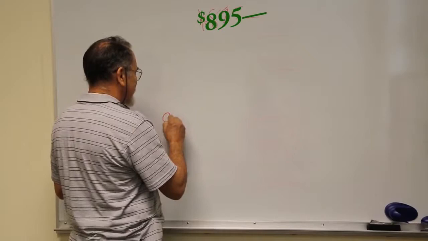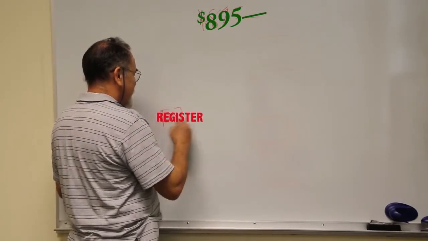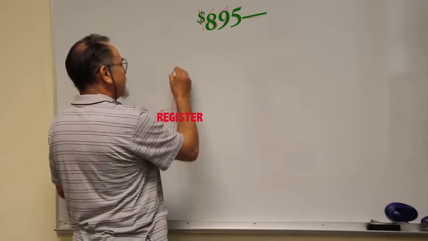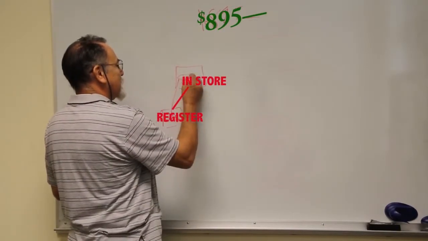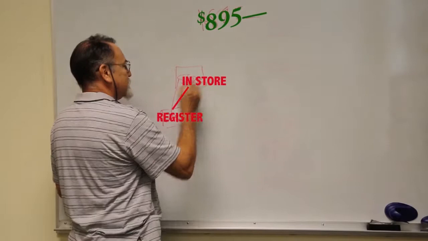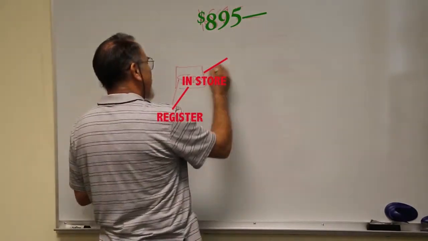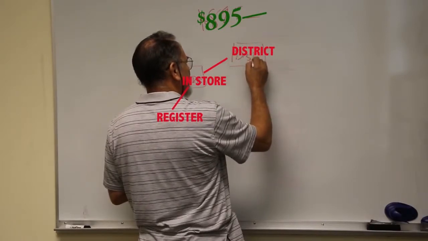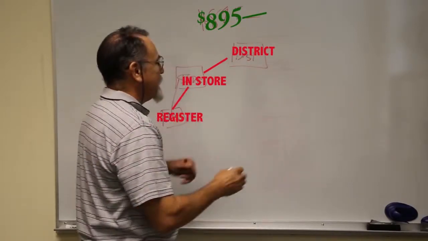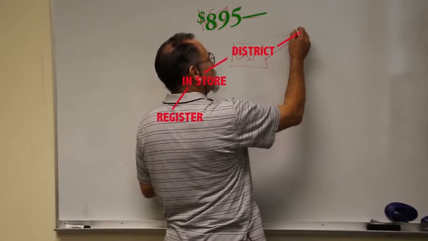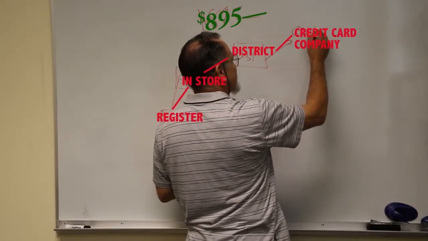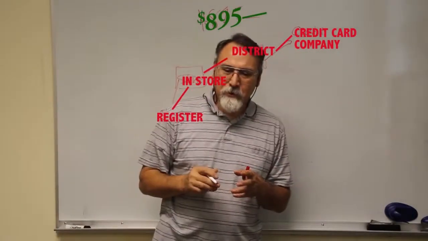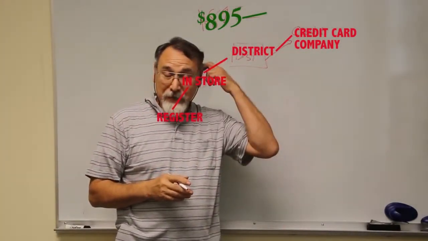Now, let's look at the scenario. You have the cash register, right? That's a computer. That computer inside is going to talk to the computer inside the store. Now, that is going to talk to the computer that's at the district. Okay, so you have a credit card. From here, it's going to go to the credit card company. Now, the credit card company, usually the credit cards are issued by a bank or a credit union.